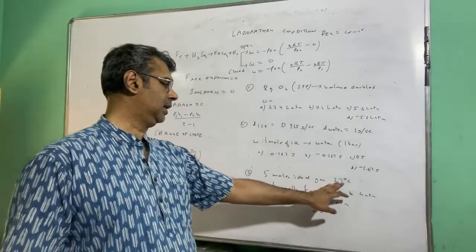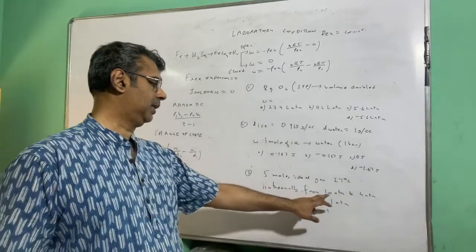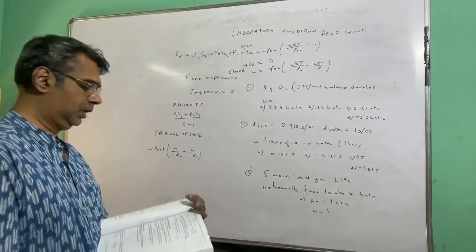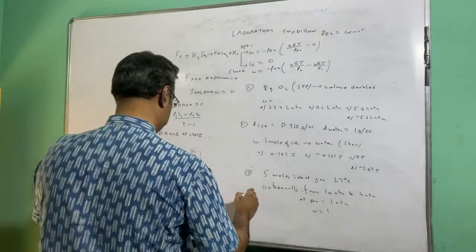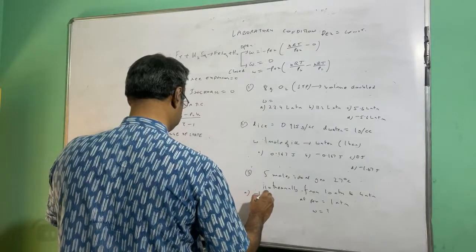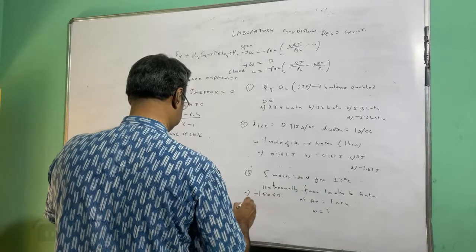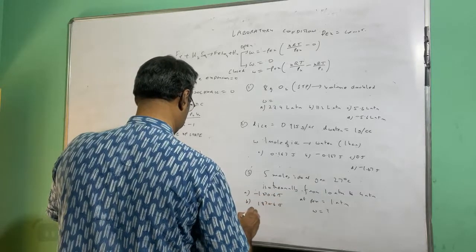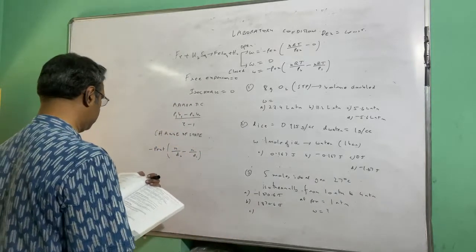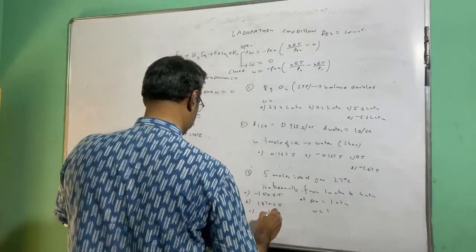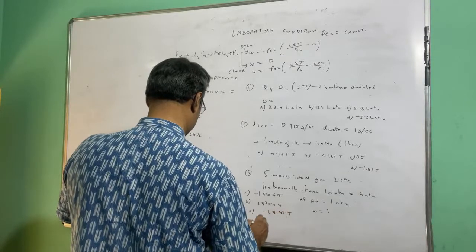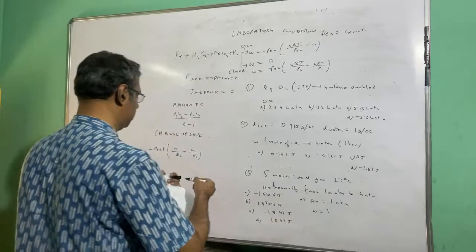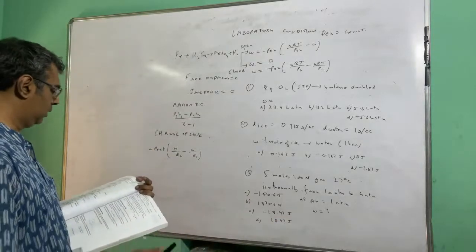And the options are minus 1870.6 joule, 1870.6 joule, minus 18.47 joule, and plus 18.47 joule. So this is question number 3.